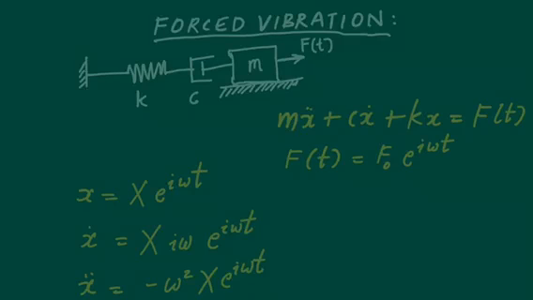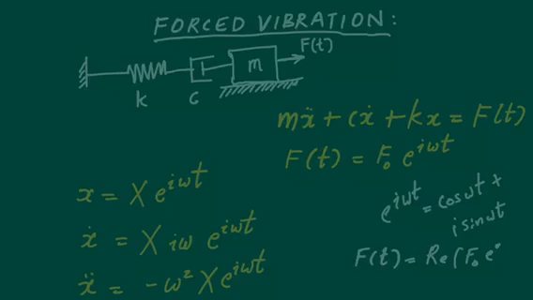e raised i omega t will be cos omega t plus i sin omega t. So if your excitation is given as f0 cos omega t, then you can write f of t as the real part of f0 e raised i omega t.